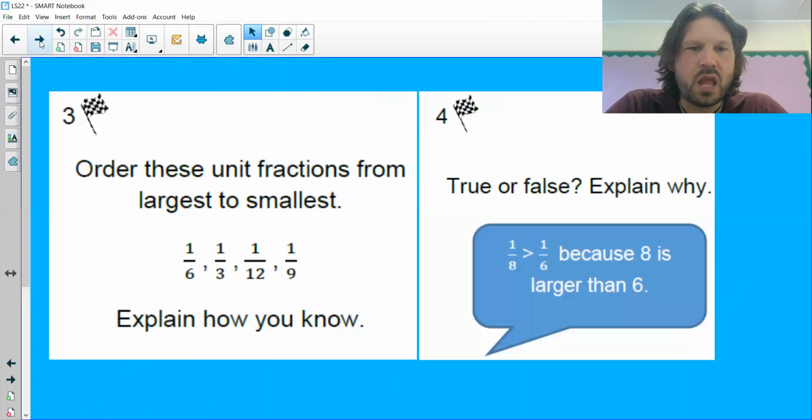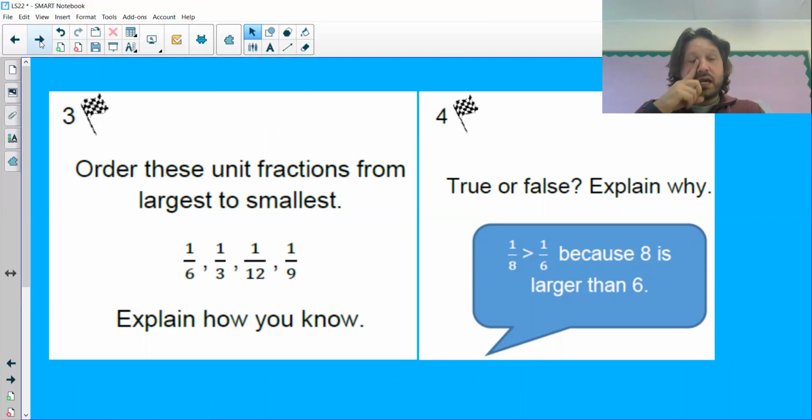Okay. So now we've got our destination questions for today. So order these unit fractions from largest to smallest. So that means the largest fraction first. So remember, think about the cake. All the cakes are the same size.